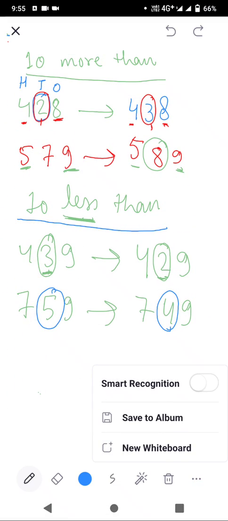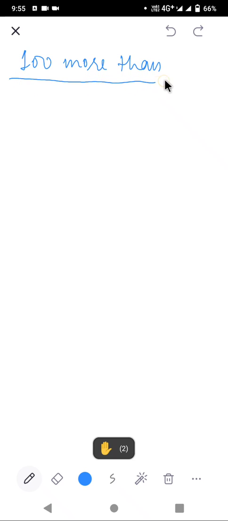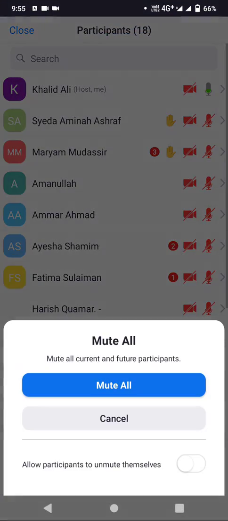Like this, 100 more than. So students, what do we do to find 100 more than? Can you tell?